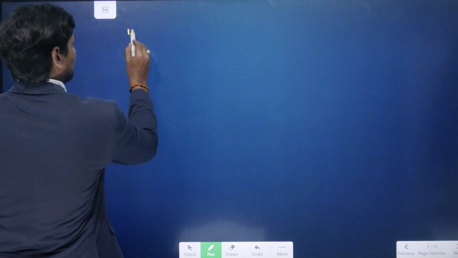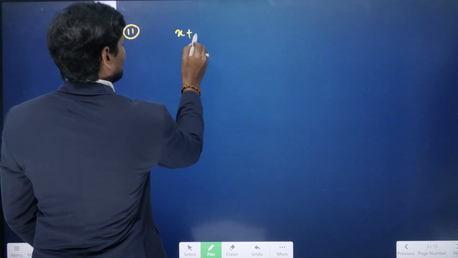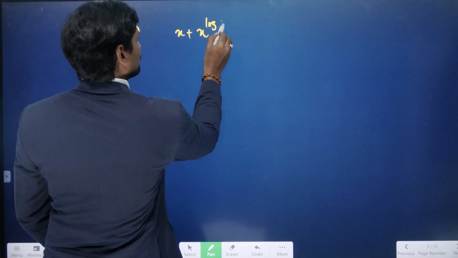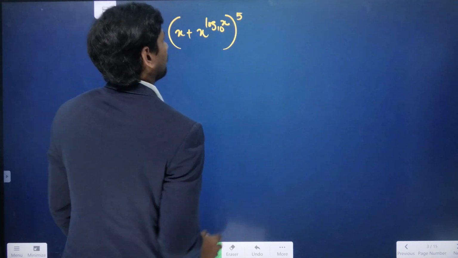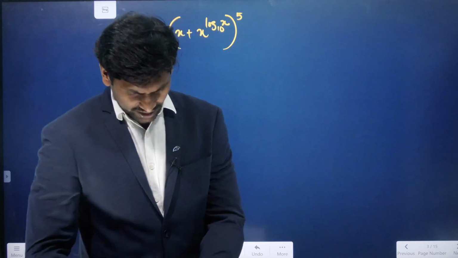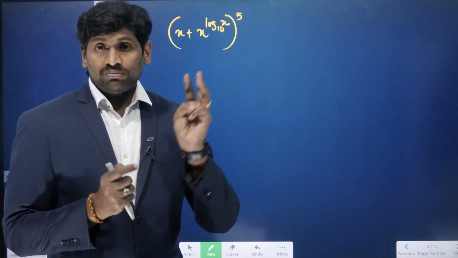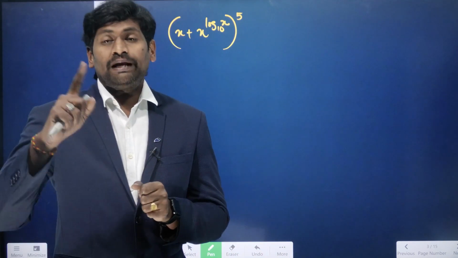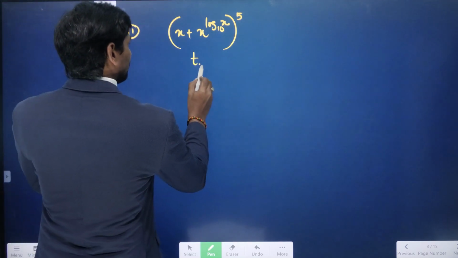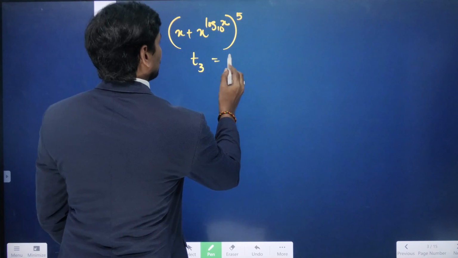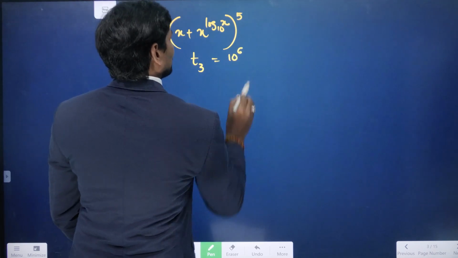The given expression is x plus x power log of x to the base 10, whole to the power of 5. Now here the third term is 10 power 6. Then we need to find the x value. The third term in this expansion will be 10 power 6. The given third term T3 equals 10 power 6.